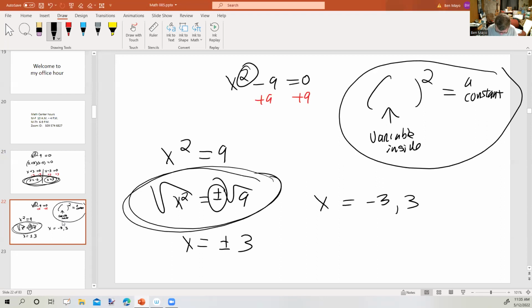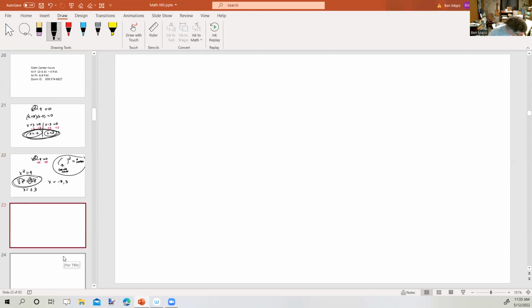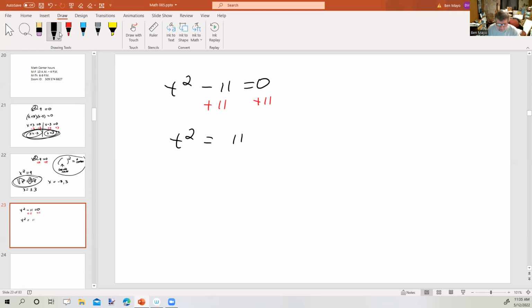Let's look at some more examples of this situation. Let's say we have the following. T squared minus 11 equals 0. So the first thing we would do is add 11 to both sides. So now we get t squared equals 11. So now it's in the form we want.